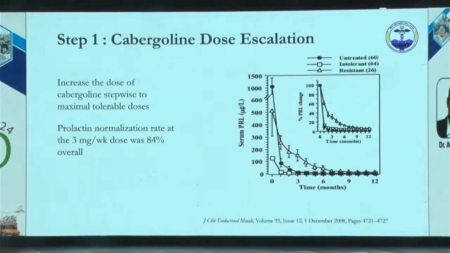What should be the second step if somebody is already on cabergoline? Okay, this is very interesting to see. You increase the dose of the cabergoline stepwise to a maximum tolerable dose. As I have already told you, FDA labeled dose is 2 milligram per week. But there are lots of studies.